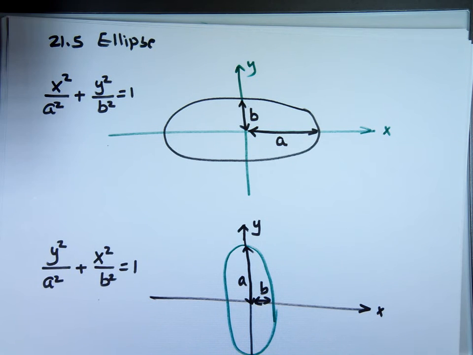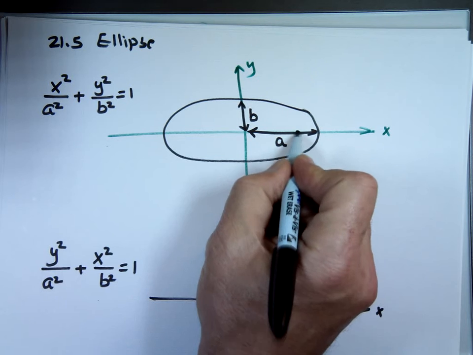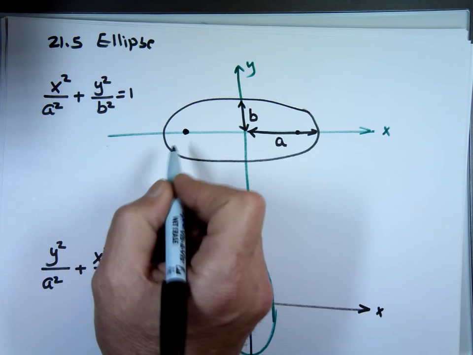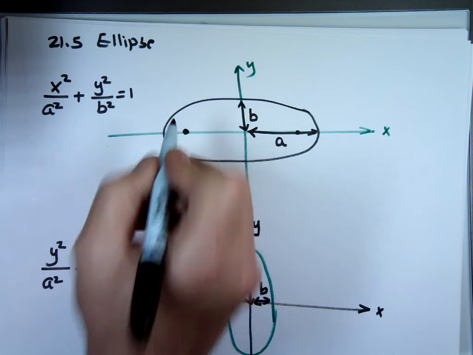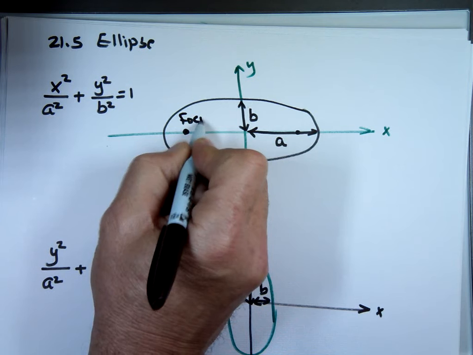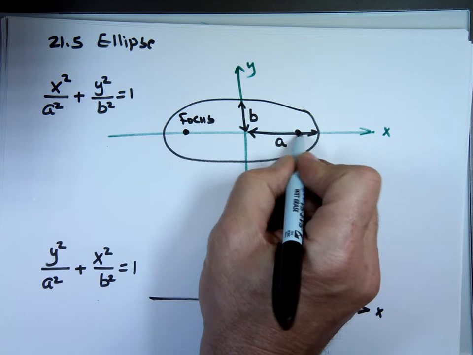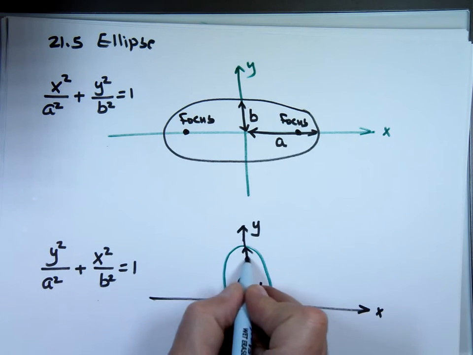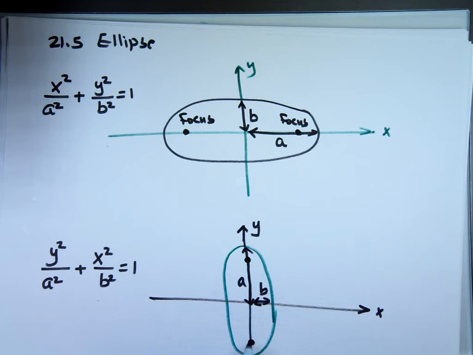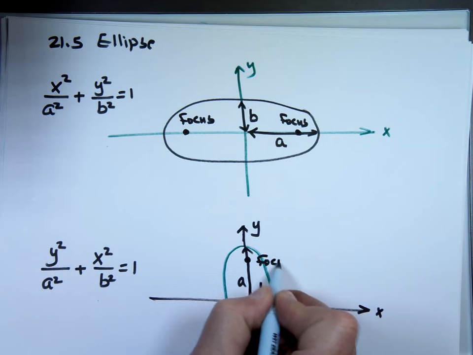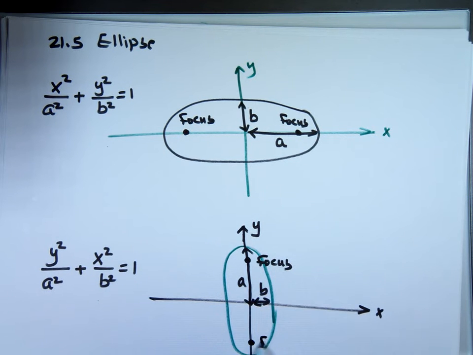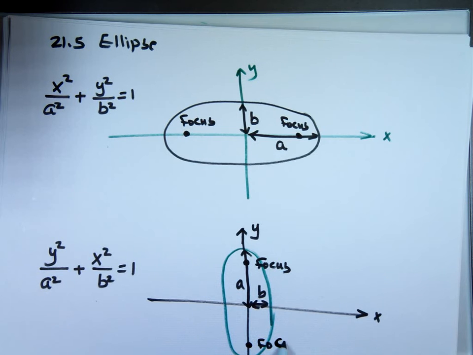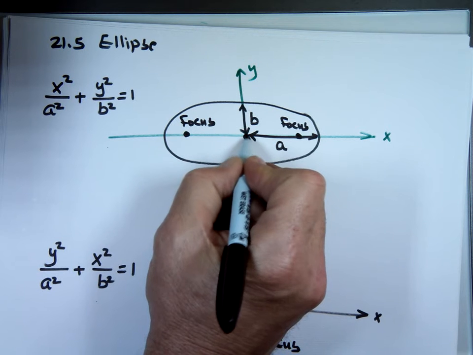Now, these points here that we use to create the ellipse, each one of these is known as a focus. And again, you'll have one here and one down here. This point here is called the center.